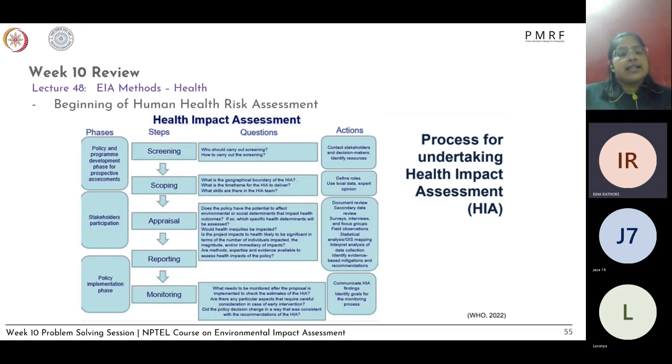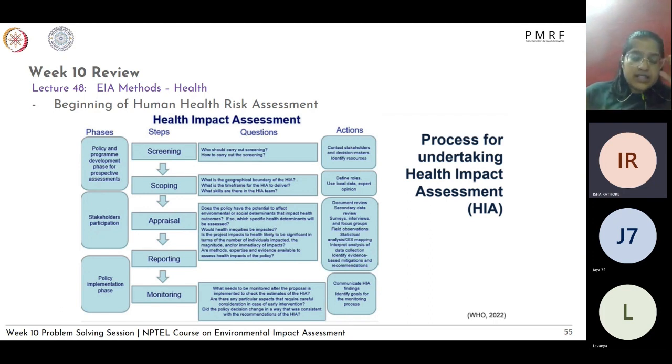And then the third step is appraisal, where you look at any policies which can impact the health outcomes, and if there are health inequalities present on site, and if the project's impacts to health are likely to be significant in terms of the number of individuals impacted, the magnitude of risk, and the immediate requirement for relief.